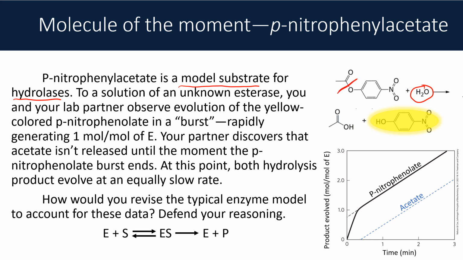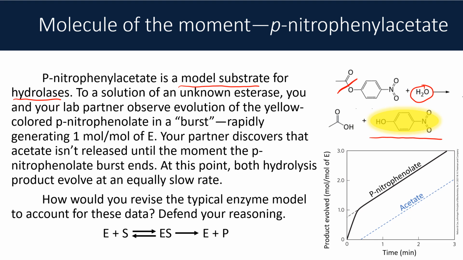Para-nitrophenyl acetate is very convenient for studying reaction rates because when we cleave apart this ester, we're going to release a yellow-colored para-nitrophenolate compound, which we can detect through absorbance spectroscopy. So to a solution of an unknown esterase, you and your lab partner observe something interesting.